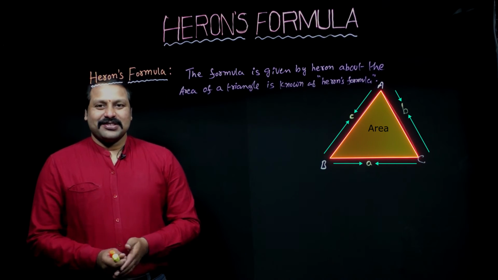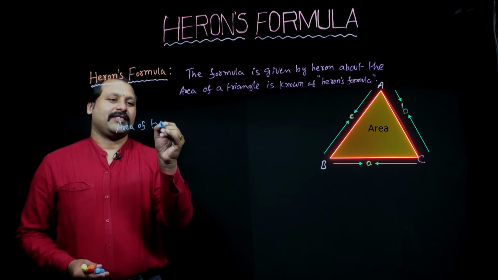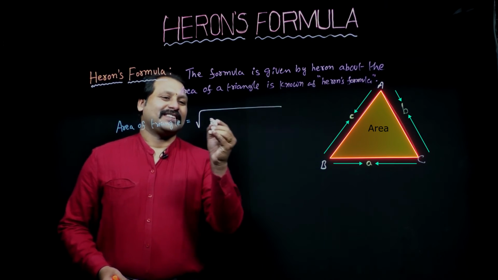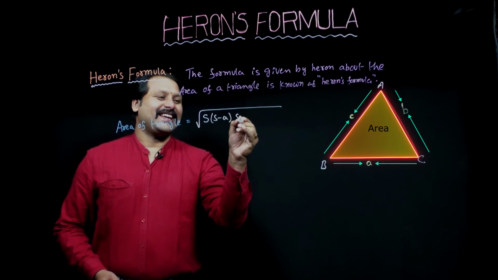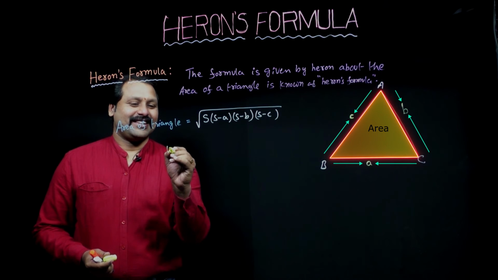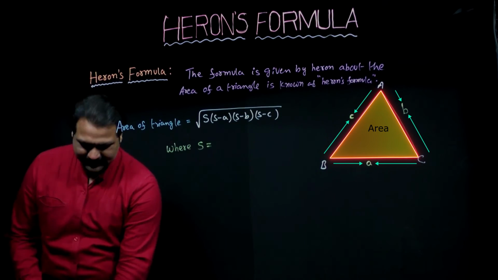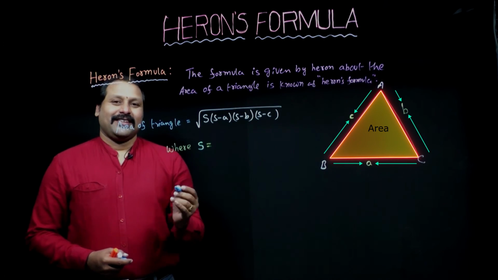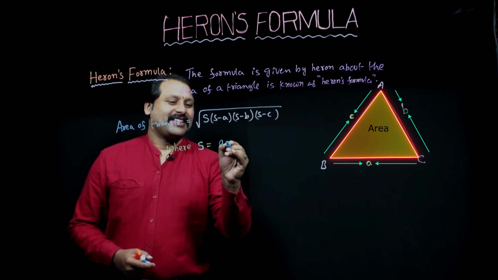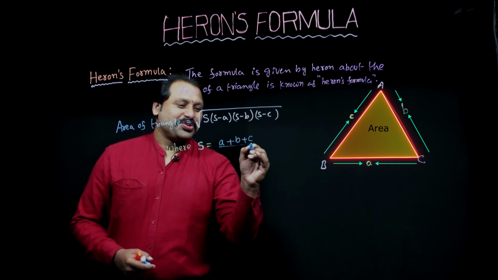Now, according to Heron's formula, the area of the triangle is the square root of S into (S minus a), (S minus b), (S minus c), where S is going to be, take the total of the sides of the triangle, a plus b plus c, divided by 2.